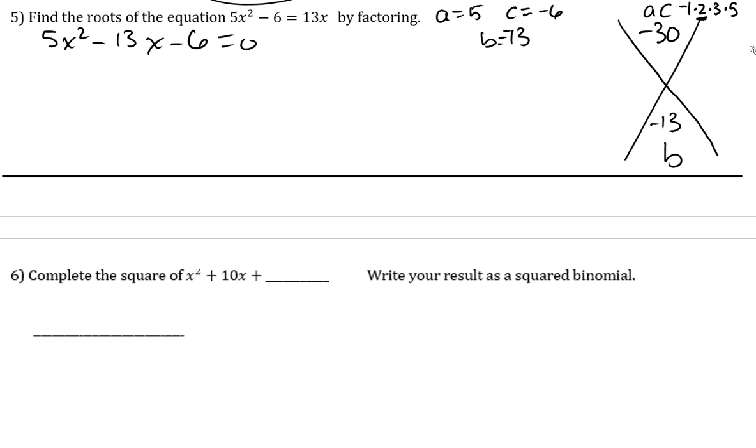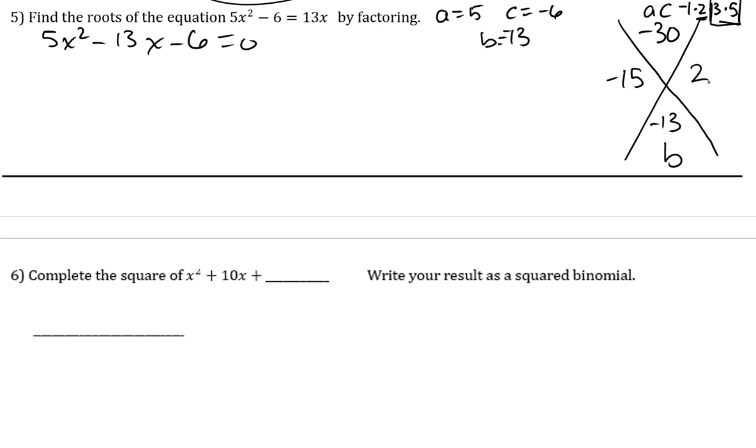I'm so disappointed in myself. I see it. If I break them up like this, one of my factors is going to be 15, and that 15 can be negative, and what I'm left with is a positive 2. So I'm looking at negative 15 and positive 2.